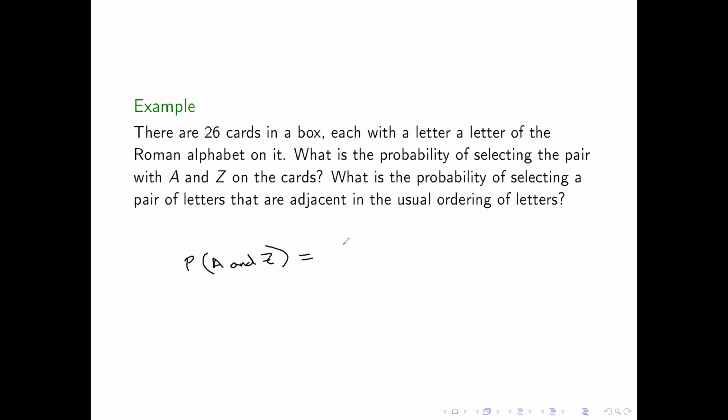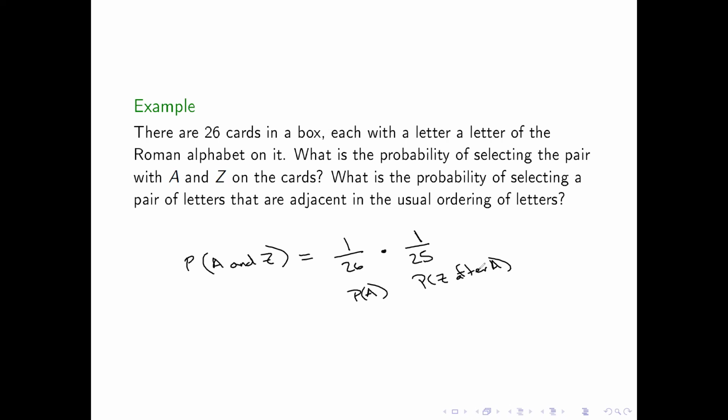Well, the first one, I have one card out of 26. So this is the probability of drawing an A. But if I draw an A out, there's only 25 cards left, and only one has a Z. So I could do this. This is the probability of a Z after an A.